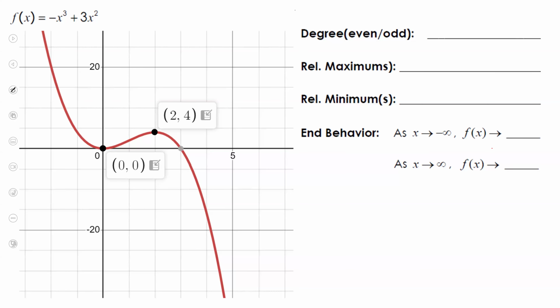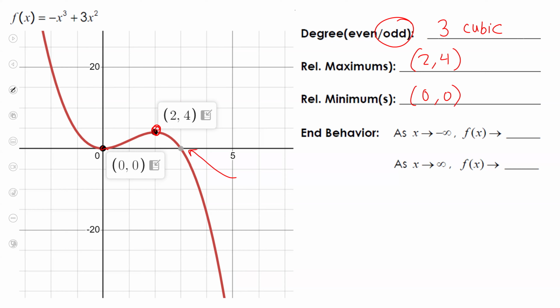Okay, for this example, you should have put odd because your degree is 3. It's cubic. Okay, your relative maximum is right here at 2, 4. Your relative minimum, you should have put 0, 0, and that is it. I had a lot of questions about this x-intercept.